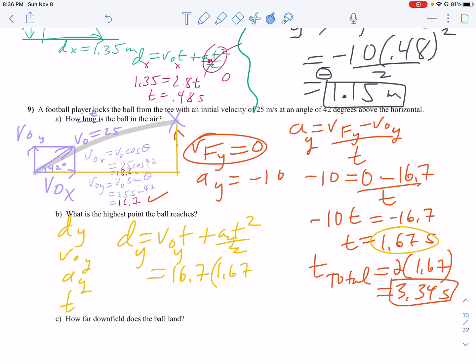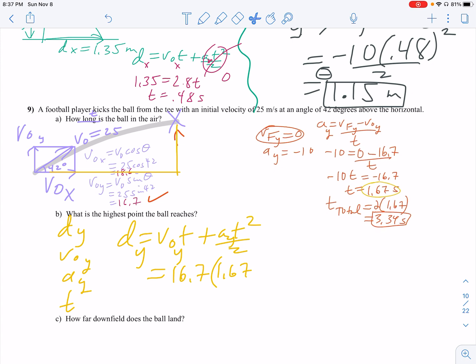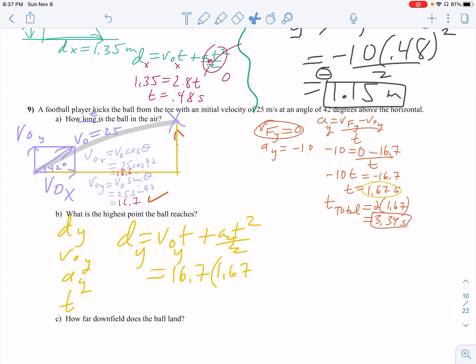Let's shrink this down. Okay, plus negative 10 is ay times the same time, 1.67 squared over 2. There's no way I need a calculator for this. So don't forget the negative.